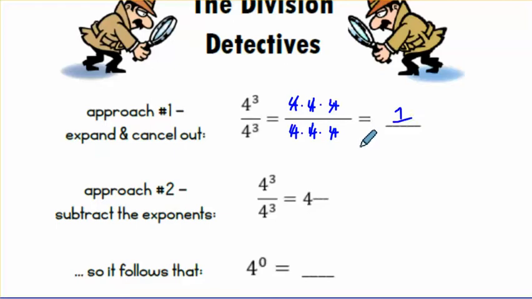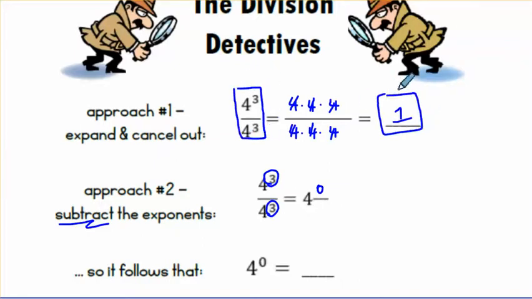Well, what does that have to do with our division rule? We remember that whenever we're dividing with exponents, we wind up subtracting them. So if I take 3 and I subtract 3, what do I get? I get an exponent of 0. So 4 cubed divided by 4 cubed is the same thing as 1.